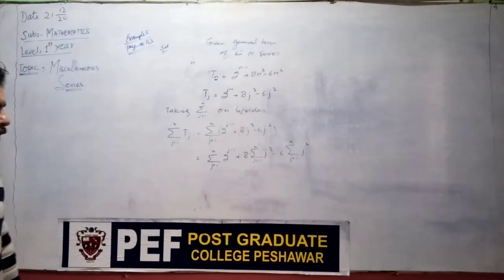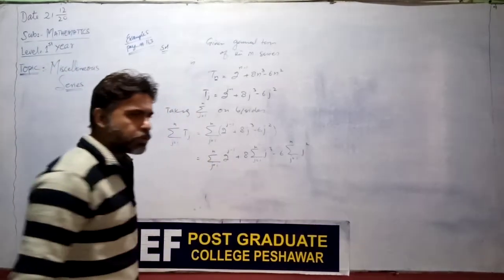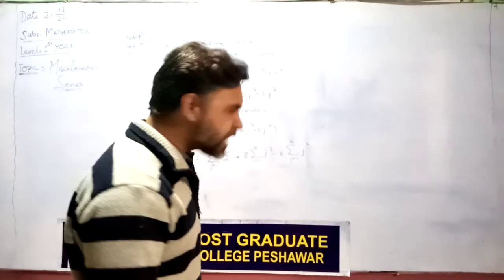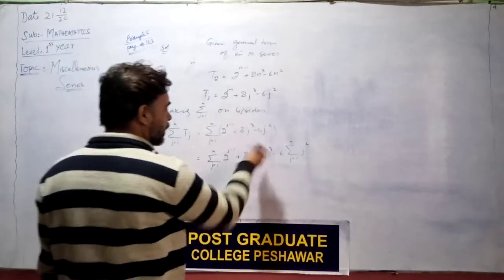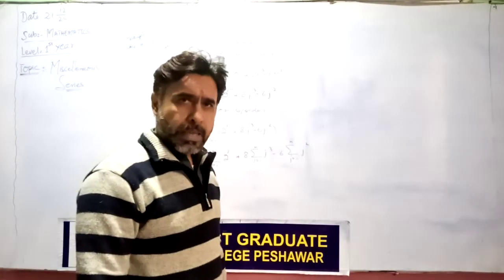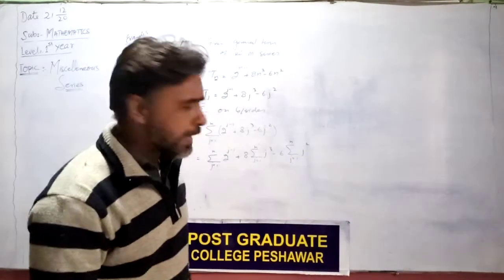Again, dear students, here we need those two formulas that I have already established: the summation of the cubes of the first n natural numbers, and the summation of the squares of the first n natural numbers.